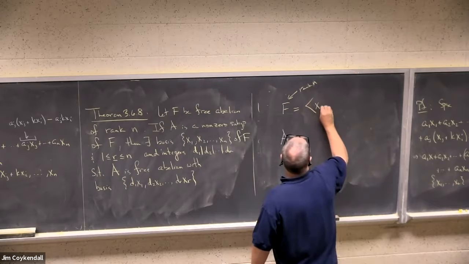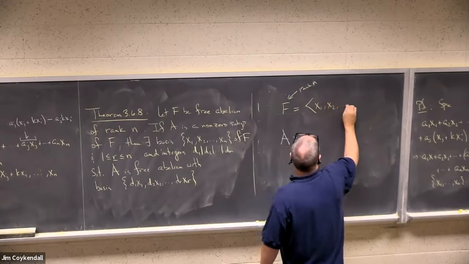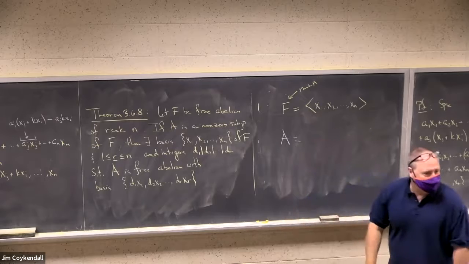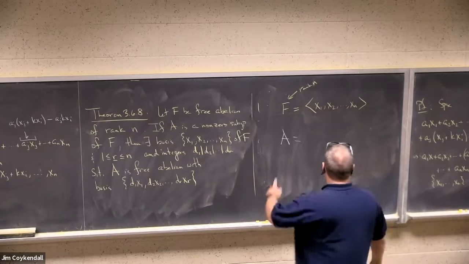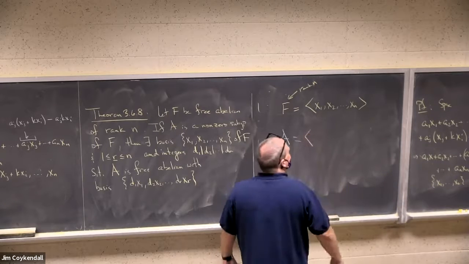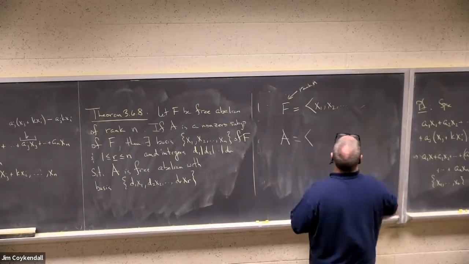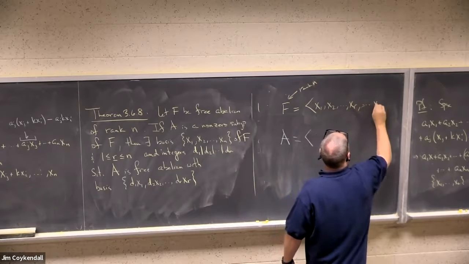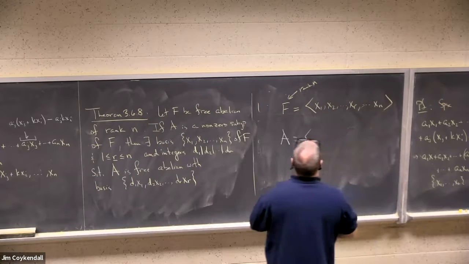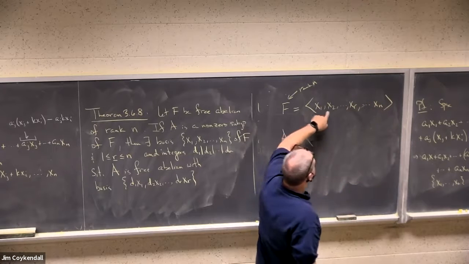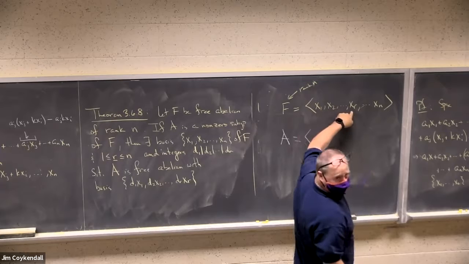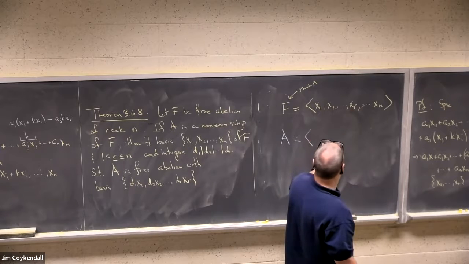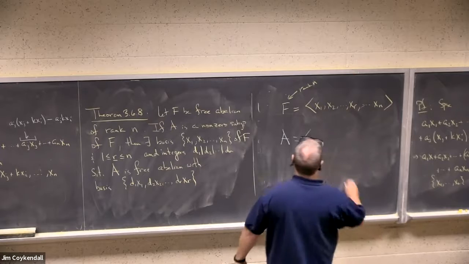There exists a basis, and the basis you pick to make this theorem work depends perhaps on what A is. I can find some basis x1 up to xr, where basically these first r elements of the group generate A, but not quite.